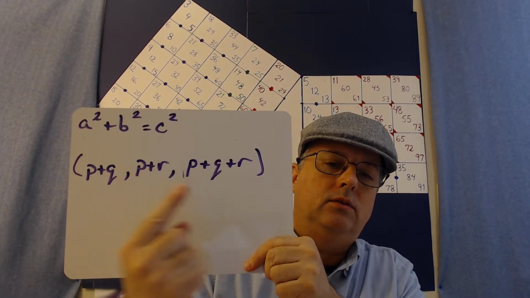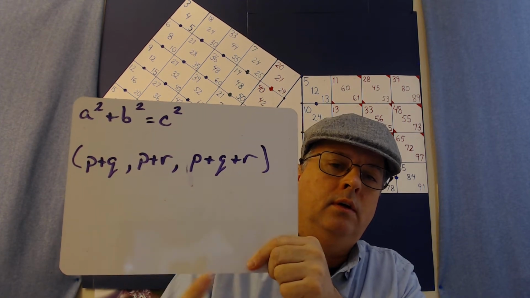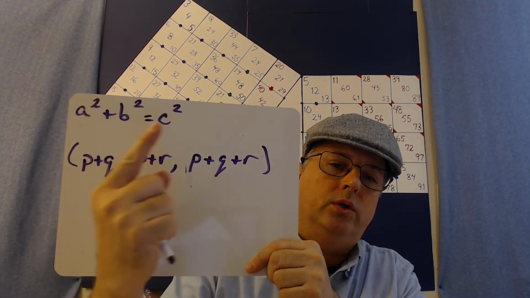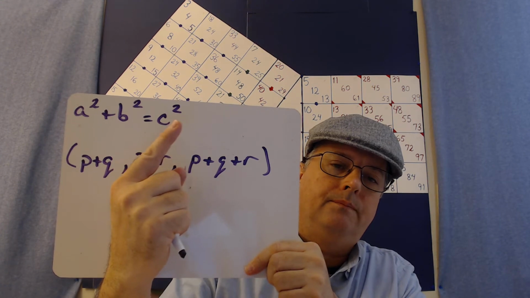We're wondering if we can take this arrangement, p plus q and p plus r and p plus q plus r. We're wondering if we can take this expression and show that it's a solution to the Pythagorean theorem.